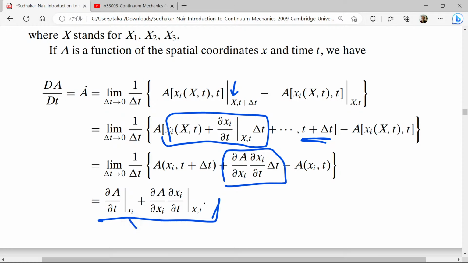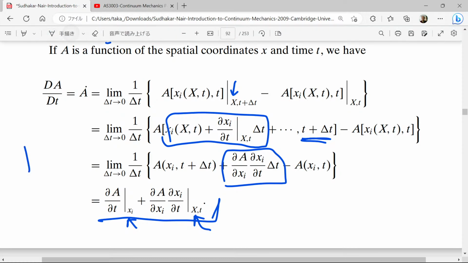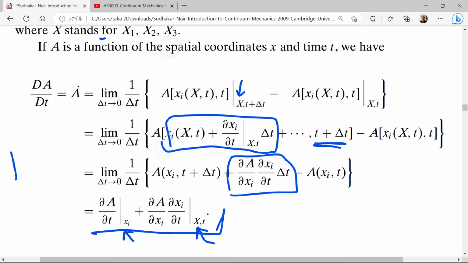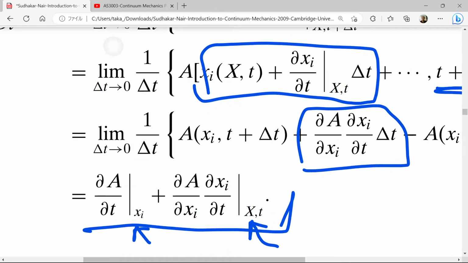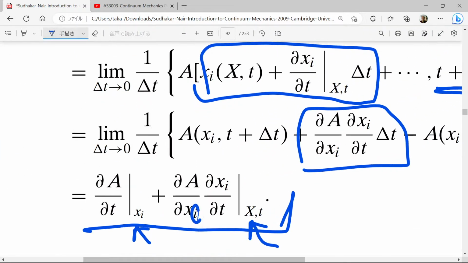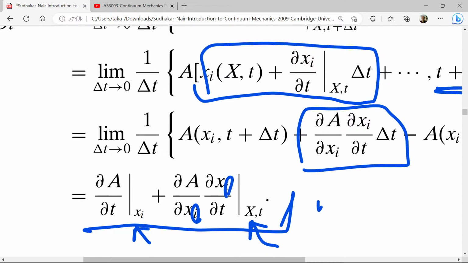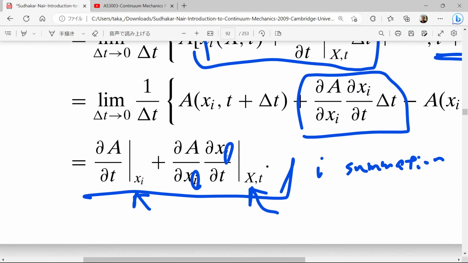The first time you fix small x, the second time you fix large X. Anyway, okay. Then don't forget that i is repeated. This i is repeated, so i is a summation. So don't forget about it.